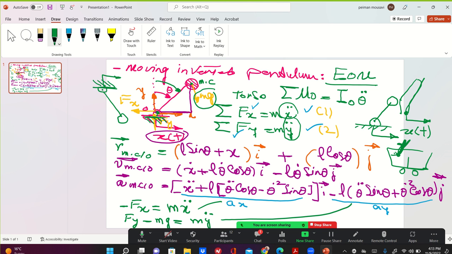But it doesn't matter which way you assign. If your Fy becomes negative, as I taught you previously, it shows the original direction is the opposite. If it becomes positive, this is correct.